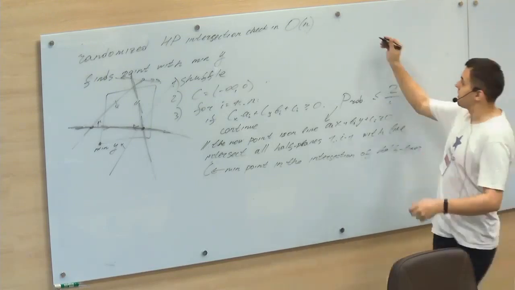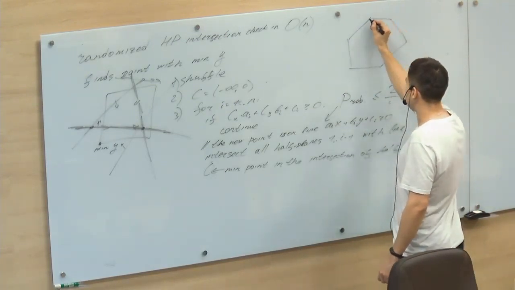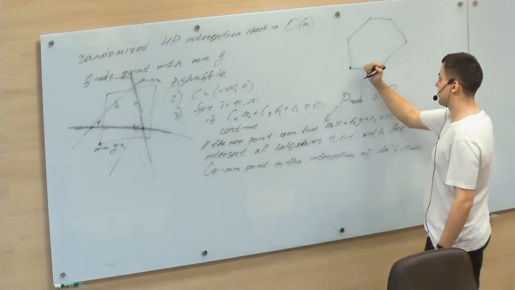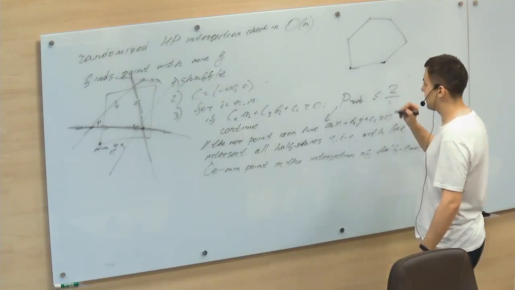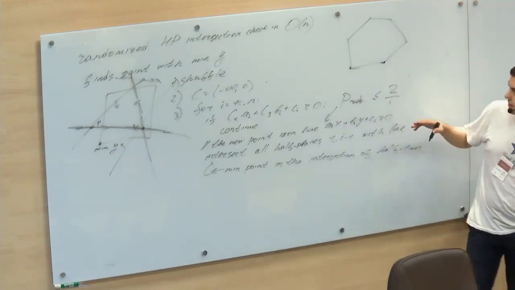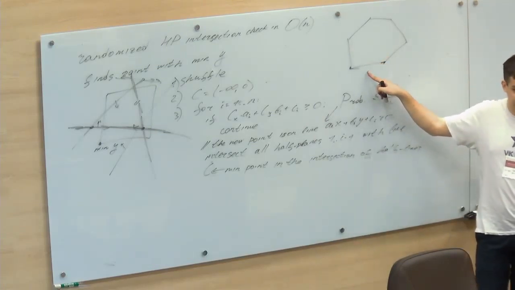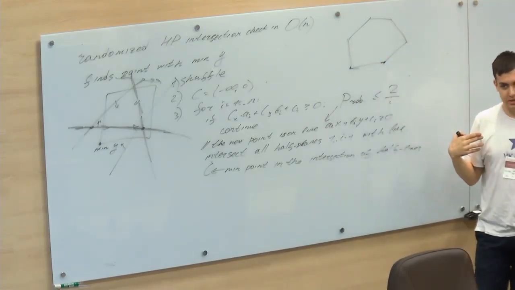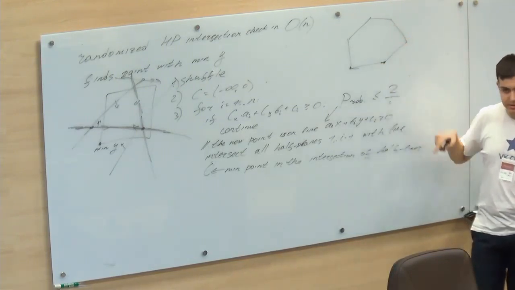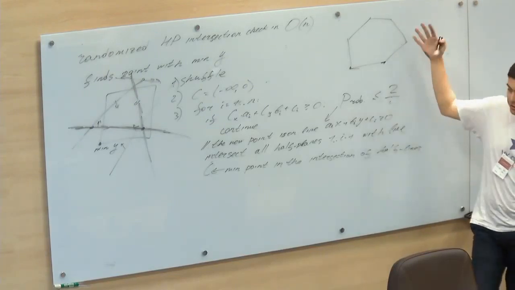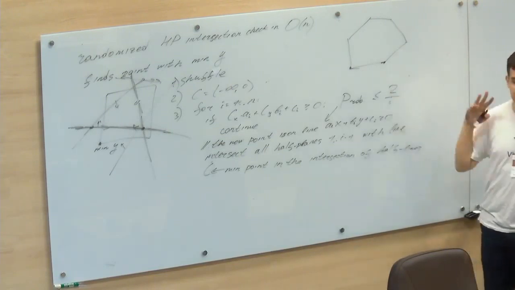Again, if we look at the shape that our half plane intersection produces, there's a point with the minimum y. If this line or this line was the last one, then the minimum point changes. And if the last line was one of these or any other line that does not form the half plane intersection, then the minimum point doesn't change.